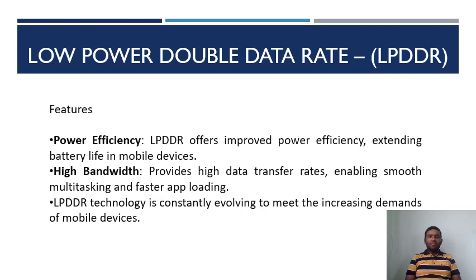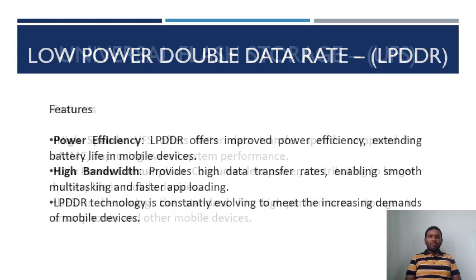High bandwidth is seen in LPDDR. This provides high data transfer rates, enabling smooth multitasking and faster app loading. LPDDR technology is constantly evolving to meet the increasing demands of mobile devices. These are the main features of low power double data rate.